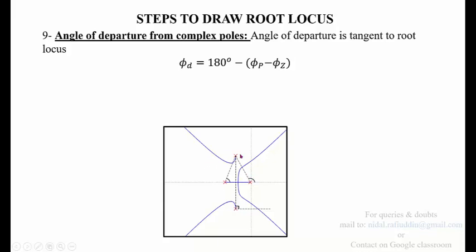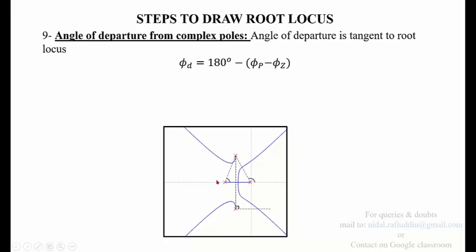For example, if we want to compute the angle of departure for this particular pole, then we'll be connecting this pole with all the remaining poles and zeros. For phi p, we'll be computing this angle, and then this angle and this angle, which is nothing but 90 degrees, and we'll be adding these three angles because these angles are subtended from the remaining poles, so they will contribute to phi p.